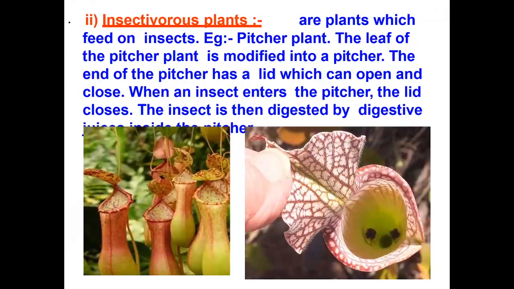The end of the pitcher has a lid which can open and close. When an insect enters the pitcher, the lid closes and the insect is then digested by digestive juice secreted in the pitcher. Such insect-eating plants are called insectivorous plants.